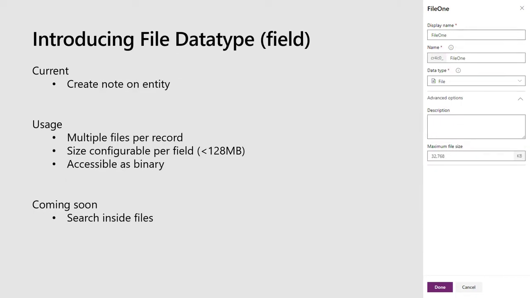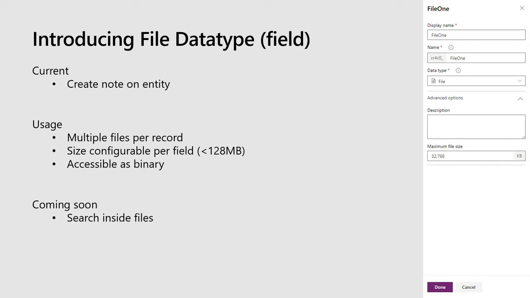So what we're introducing is a new file data type field. On the left, you will see how you add the new field to your entity. As you can see, there's one more improvement that I want to point out. That is that the maximum size of the file is now set up on the file field.